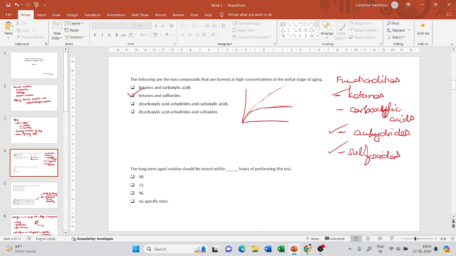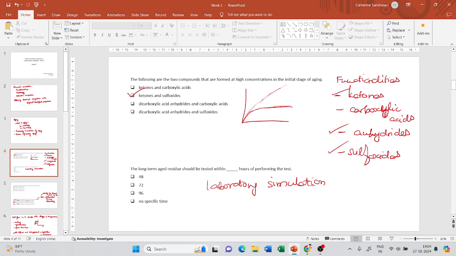Next question. The long-term aging residue should be tested within dash hours of performing the test. So this comes under laboratory simulation of aging. So what is the need to do a laboratory simulation of aging?